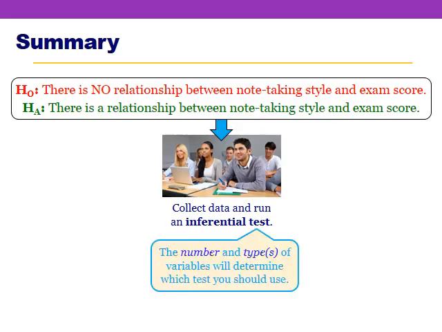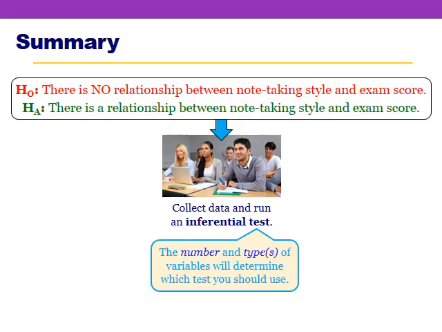The only difference between them is going to be the number of variables that you have and the types of variables that you have. So if we're testing, for example, for a relationship between 2 continuous variables, we're going to use a different statistic than we would for a relationship between 2 categorical variables, or if we had one of each, for example. That's the only thing that's going to change between these different tests.